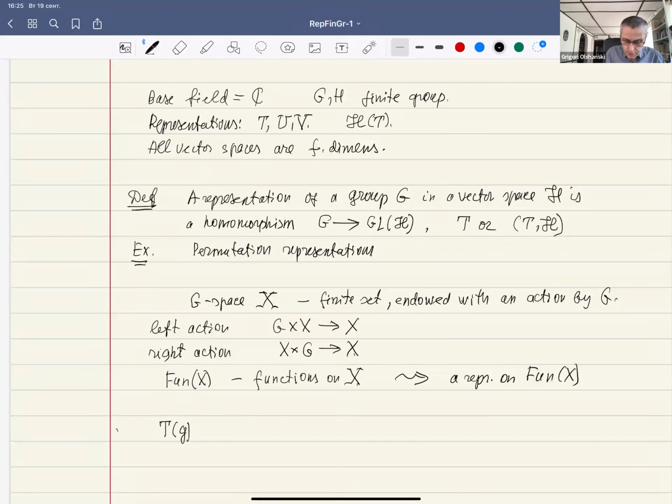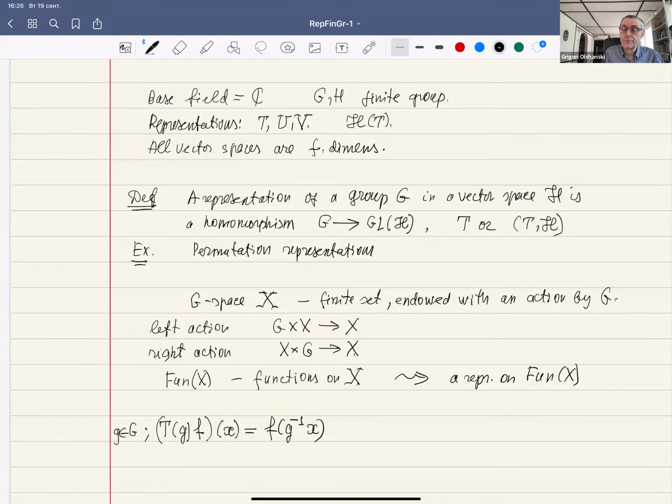Assume g is a group element, then the corresponding operator on our space H, which is the space of functions, applied to a function f and then evaluated at a point small x, is defined as f of g inverse x.